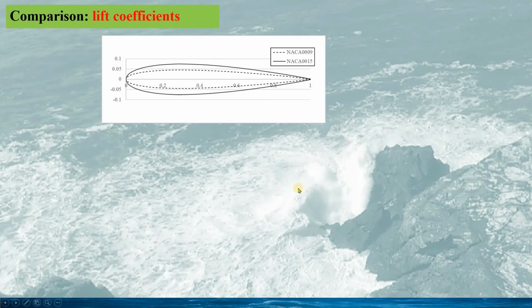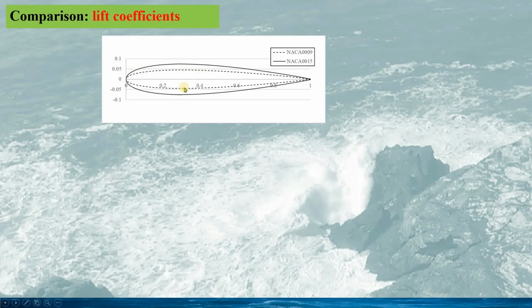In this slide, the comparisons are made for different airfoils. The first comparison is for the NACA 0009 and NACA 0015. Both are the normal NACA 4-digit symmetric airfoils. They have very similar features in geometry.